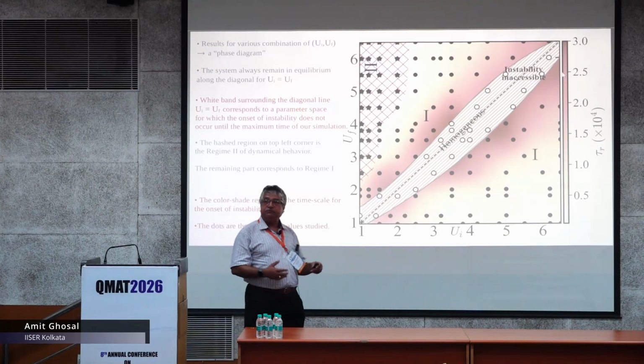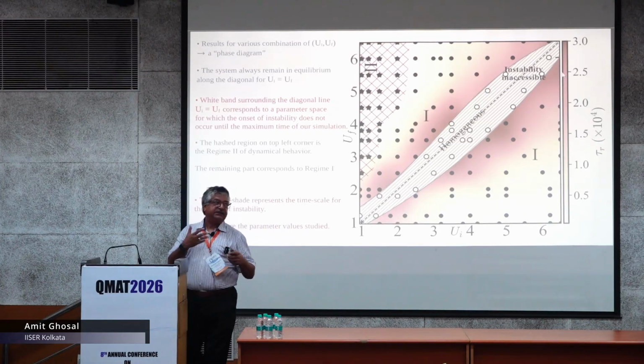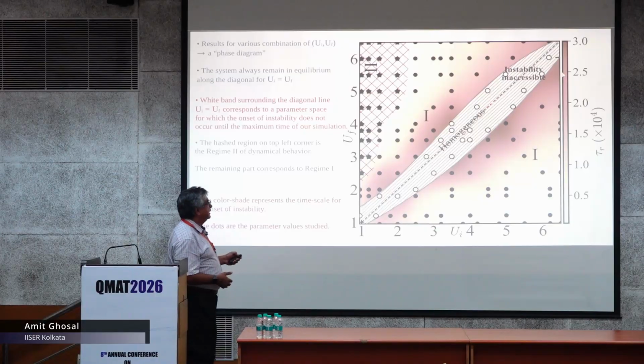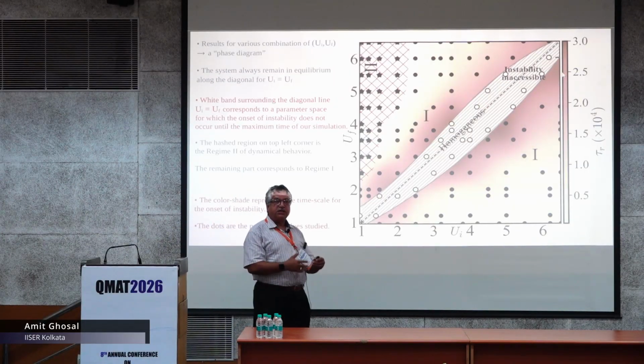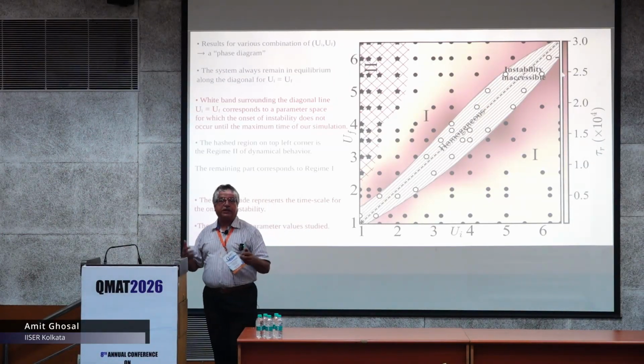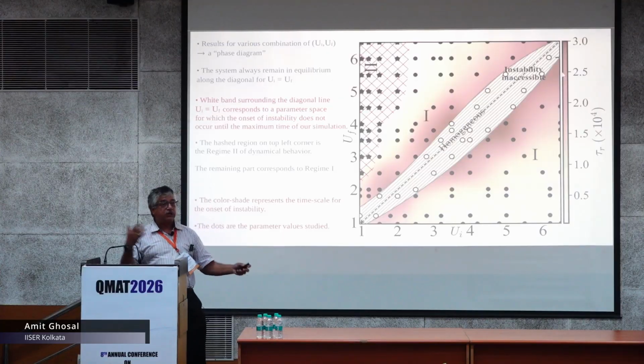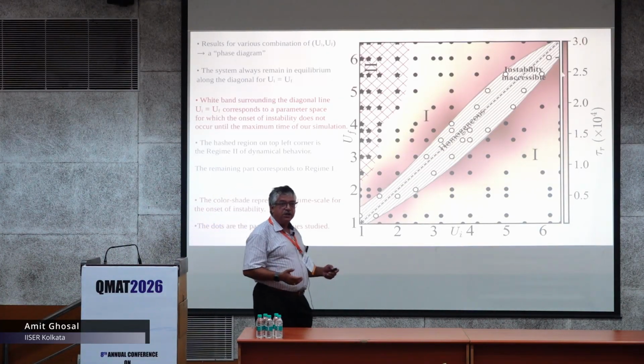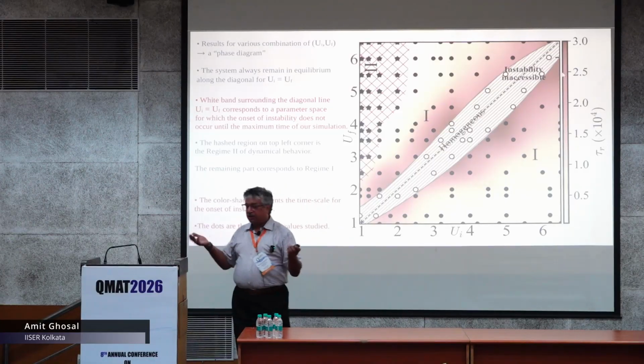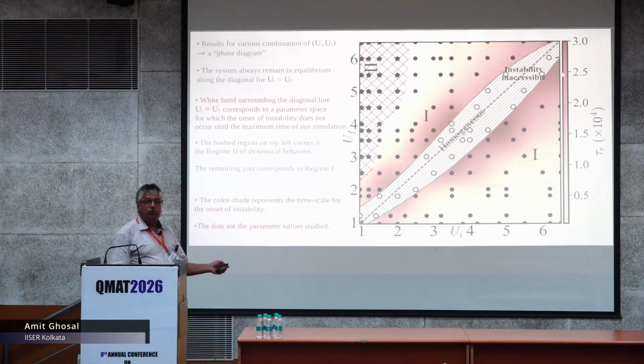The white band is the regime that is inaccessible to the numerics, because the system does not show any onset of instability up to the longest time of our simulation. Whether it will come or not, we don't know. It could be either homogeneous or something that we don't know.